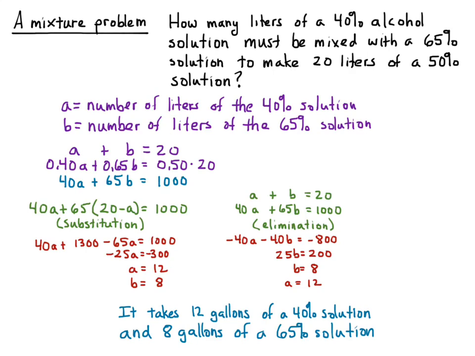And then I added these two together. So the A's drop out, and I have 65 minus 40, which is 25. So I have 25B equals 1,000 minus 800, which is 200. And so I have B equals 200 over 25. That's just reformatted to be consistent with what I had.